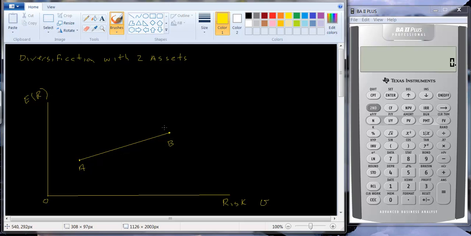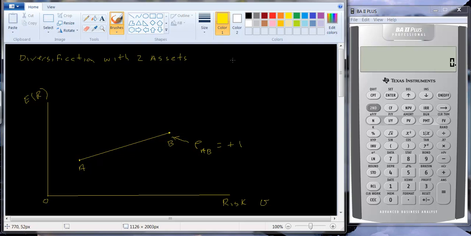But there's no real diversification benefit here, because if you want more expected return, you have to take on more risk. So let me put a little arrow in here, and this is where the correlation coefficient between A and B, okay, hard to draw that, that's a rho, is equal to +1, perfect positive correlation.